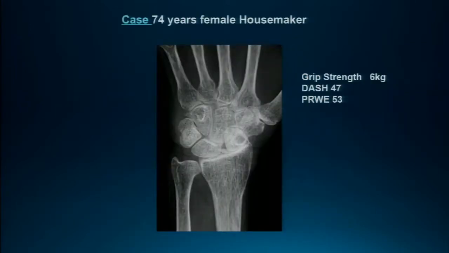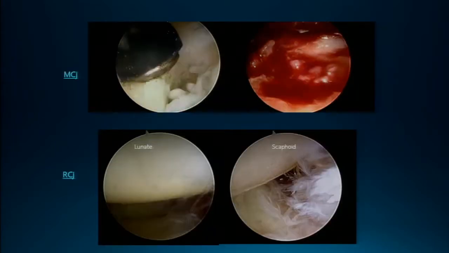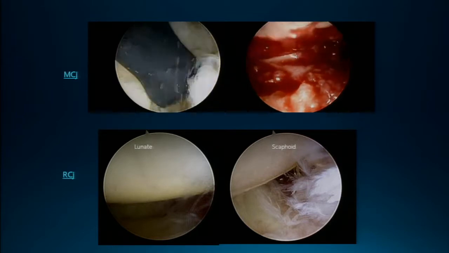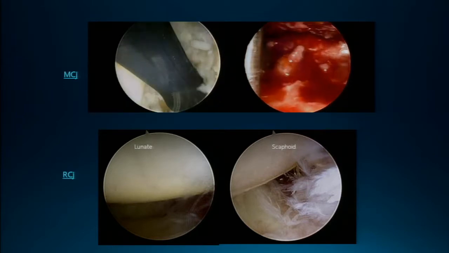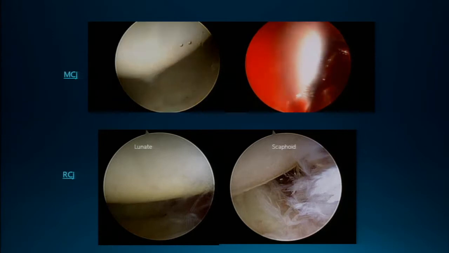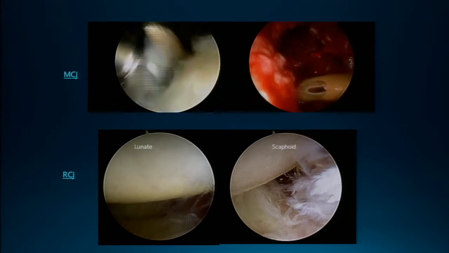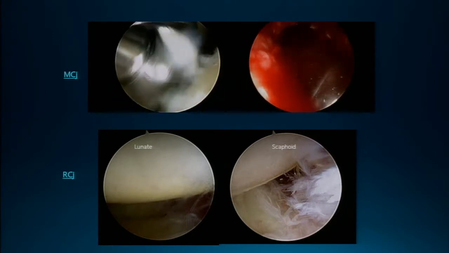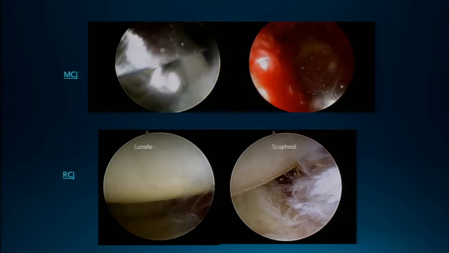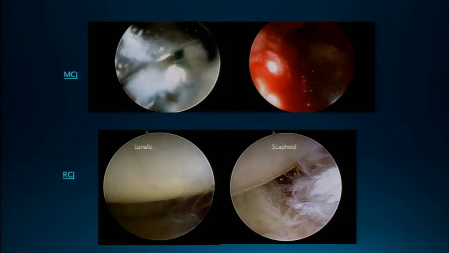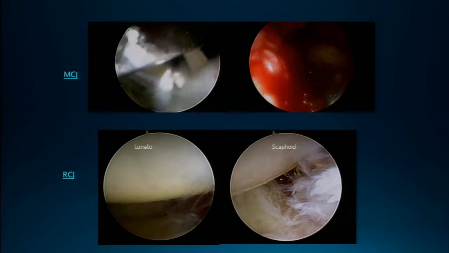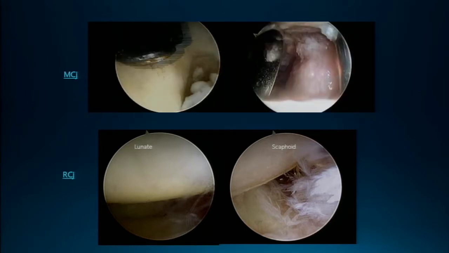So this is a patient with SLAC wrist, a housemaker, with very weak grip strength and a very high DASH score. Using arthroscopy, we found no cartilage at the scaphoid, but at the proximal aspect we can see very healthy lunate cartilage. And so we did an arthroscopic scaphoid resection associated with the four-corner fusion arthroscopically.